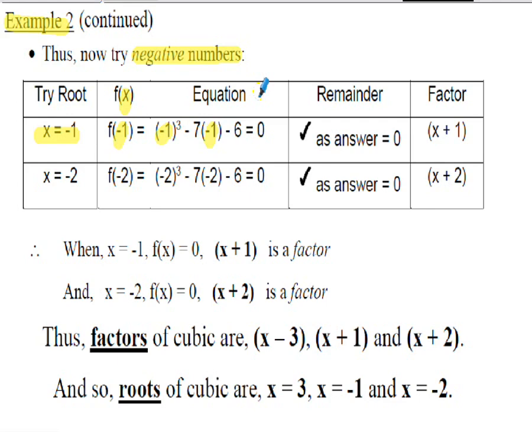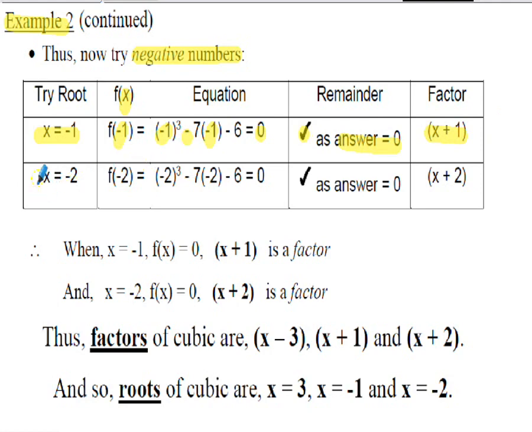Be careful with your evaluation there. When you cube a negative number it remains negative, but we've got a double negative here. We multiply negative 7 by the negative 1. Evaluating, we get a remainder of 0, so we have a root in this case because the answer is 0, so we have a factor. So the factor is x plus 1.